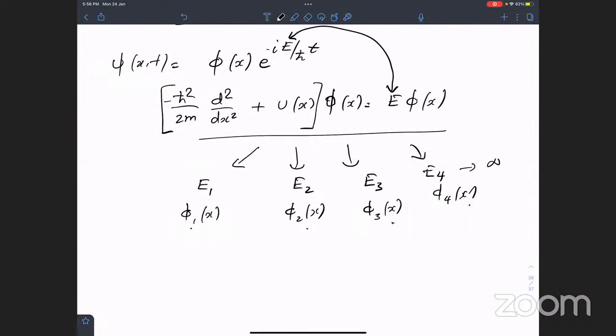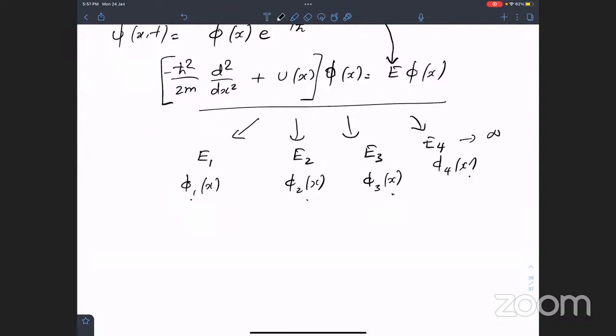Remember, from the theory of differential equations, if there are independent solutions to an equation, then the most general solution is a linear combination of the individual possible solutions.